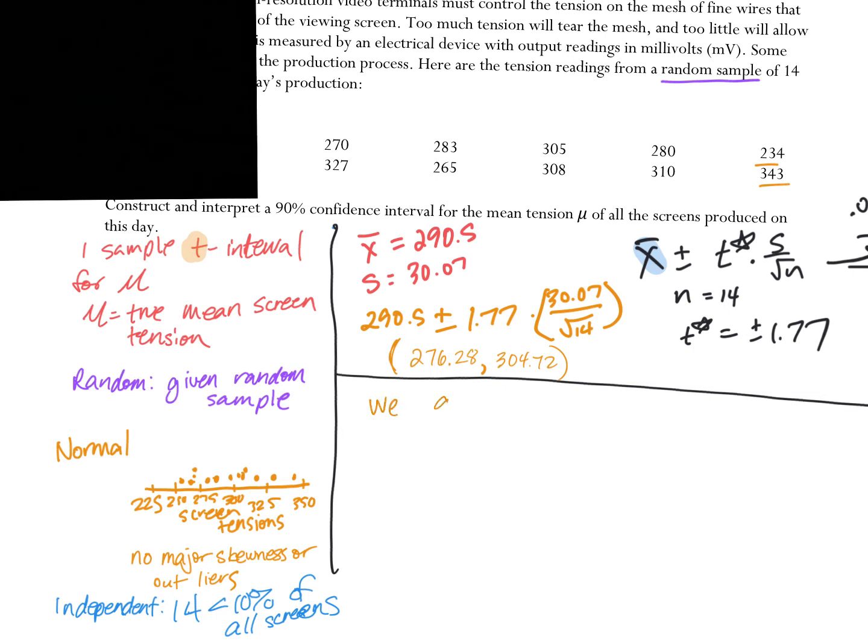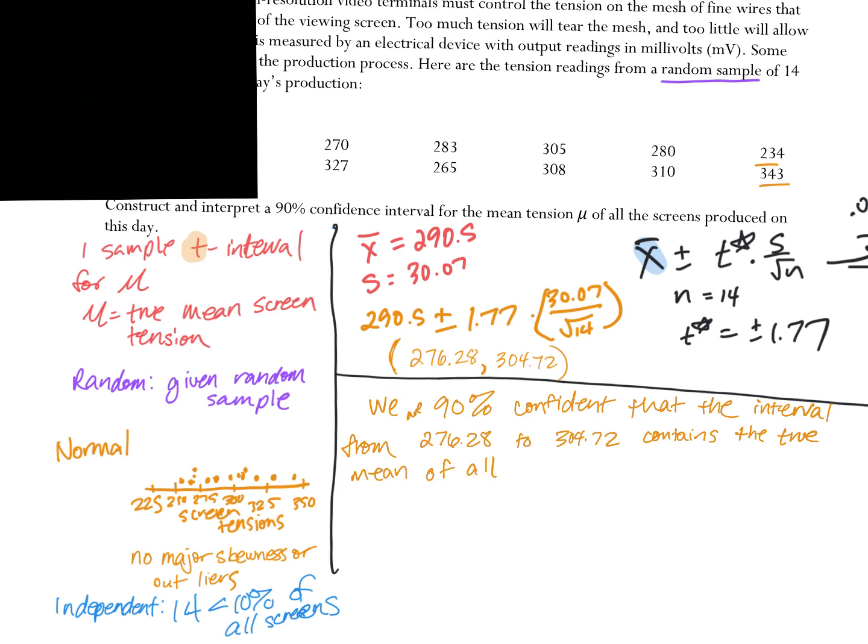We are 90% confident that the interval from 276.28 to 304.72 contains the true mean of all screens.